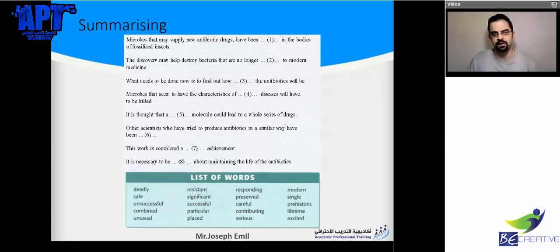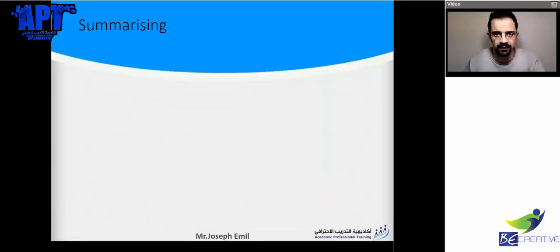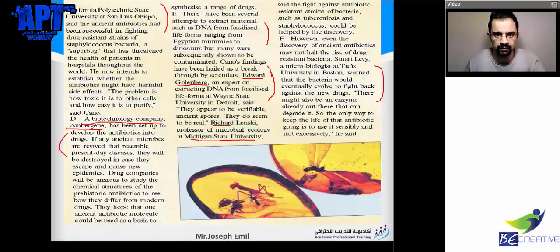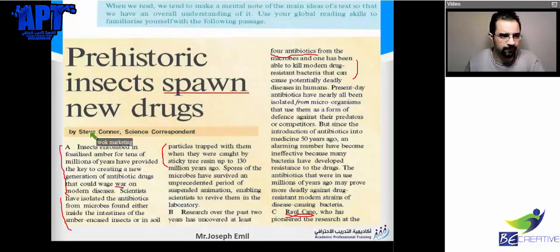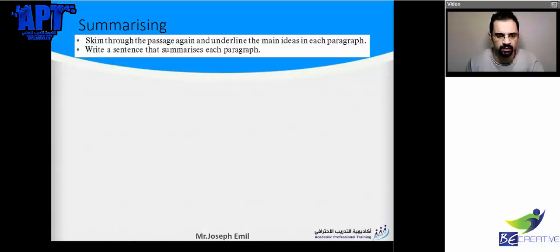So let's see. Microbes that may supply new antibiotic drugs have been something in the bodies of fossilized insects. So of course in the text we are talking about the insects here. Scientists have isolated the antibiotics from microbes found either in something or something.